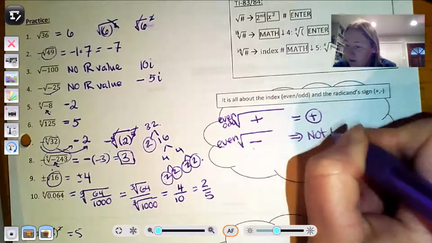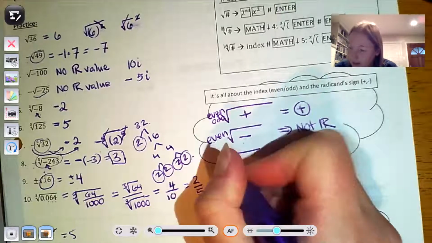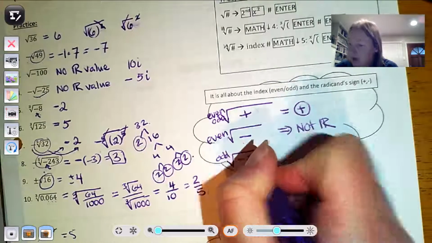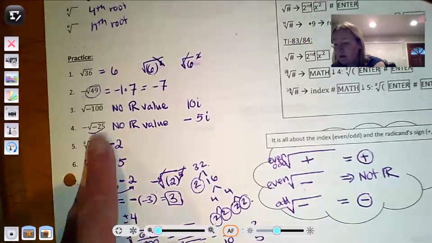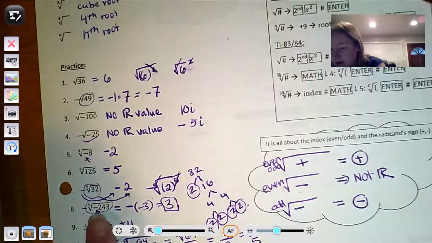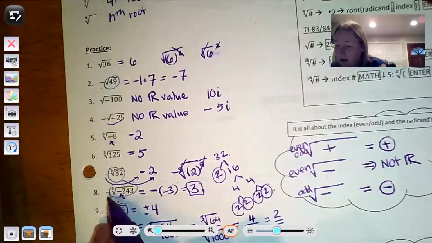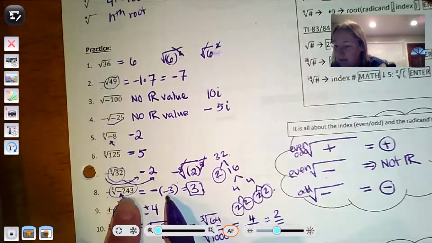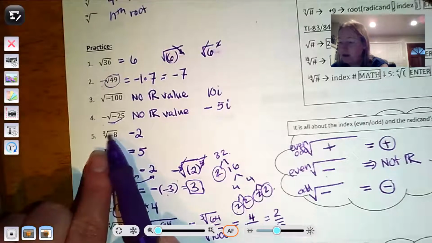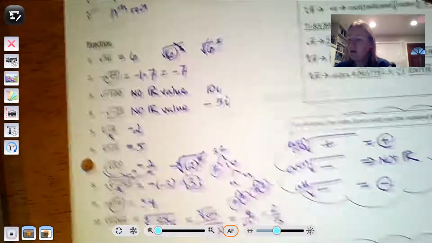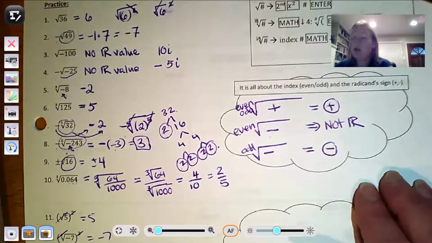Not real. And then when you took an odd index of a negative, that's when you ended up with a negative. So for example, it's embedded in this problem right here. We had the opposite, but then this was -3. Or here, -8, and it's odd, so we got a negative. So that's pretty important in terms of when is it positive, when is it negative, when is it not real.